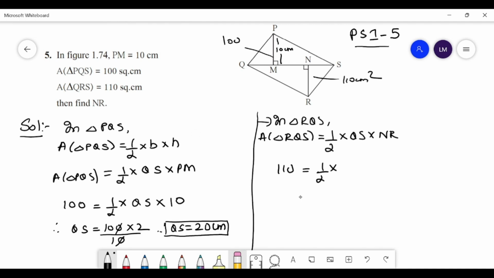The value for QS we already got from here, that is 20, into NR. The value for NR we need to find. Therefore NR is equal to 110 into 2 upon 20. 0, 0 cancel, 2, 2 cancel. Therefore the value for NR is equal to 11 centimeter.